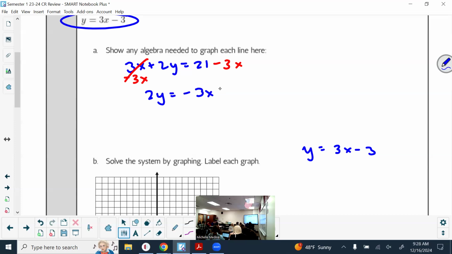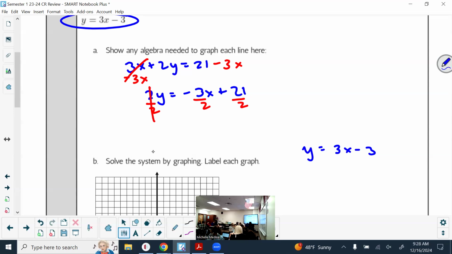I prefer to put the x term first, but it doesn't matter as long as you know which is which. Negative 3x plus 21 is the same as 21 minus 3x. Opposite of multiplying by 2 is dividing, and remember you have to do it to each term, because really it'd be this whole thing over 2, which is the same as doing each by 2.